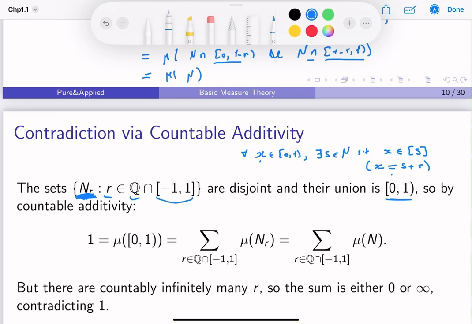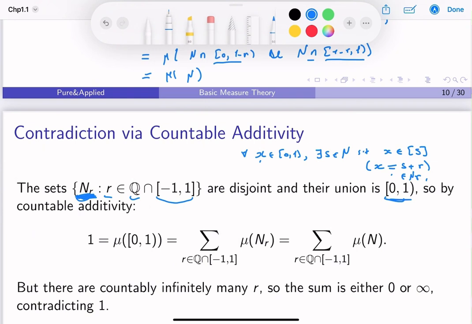And this literally means that this x belongs to N_r, for example, here, because it belongs to N_r or N_(1 minus r), or something like that. But the bottom line is every x in here belongs to one of these, and these are disjoint.